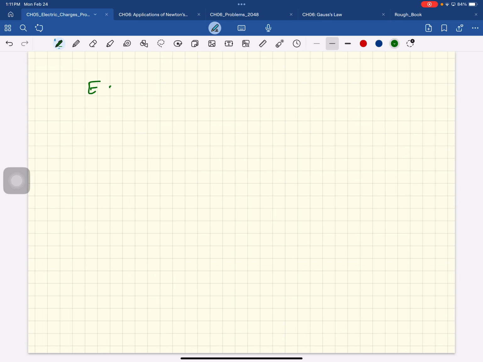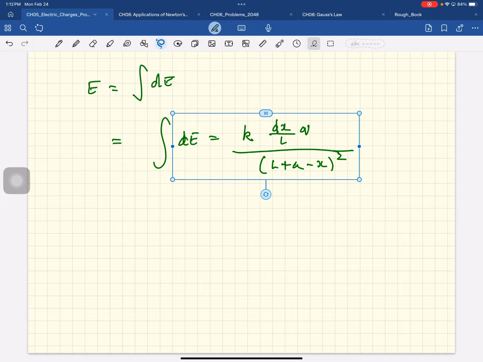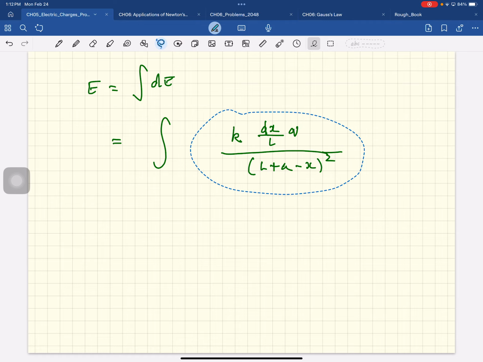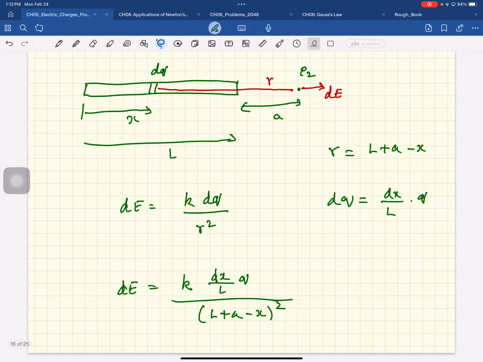So E is an integral over x. What does x vary from? 0 to L, that's when you run out of charge.